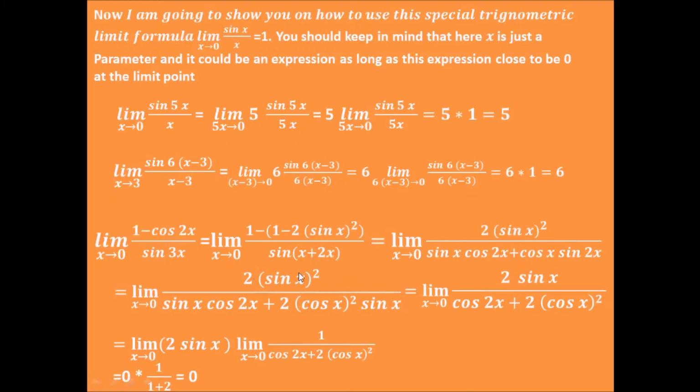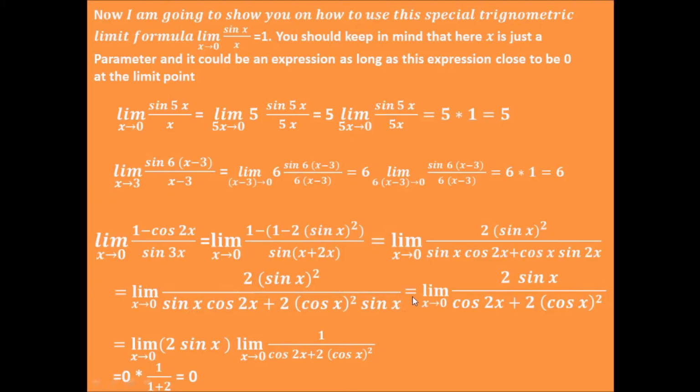Then this expression becomes 2 times sin x squared divided by (sin x times cosine 2x plus cosine x times sin 2x). For the sin 2x, which equals 2 times sin x times cosine x, we can get the expression as 2 times sin x squared divided by (sin x times cosine 2x plus 2 times cosine x squared times sin x).